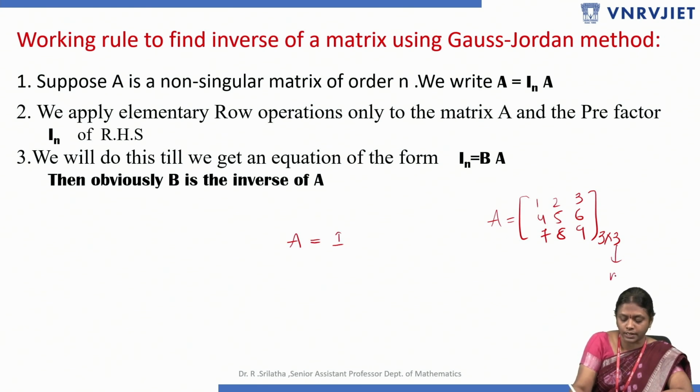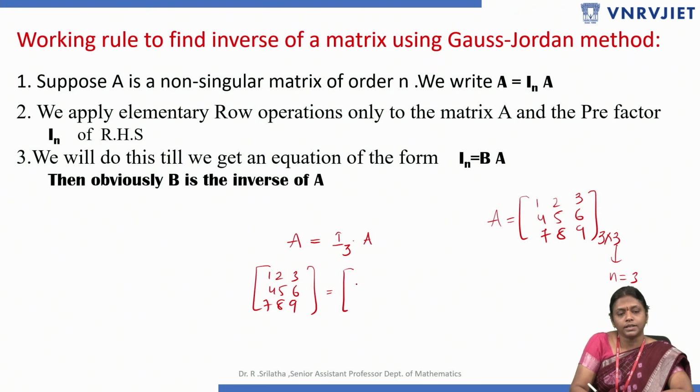Here n is equal to 3, so I suffix 3 multiplied with A. We write the given matrix 1, 2, 3, 4, 5, 6, 7, 8, 9 and the identity matrix of order 3 by 3, 1, 0, 0, 0, 1, 0, 0, 0, 1, multiplied with A.